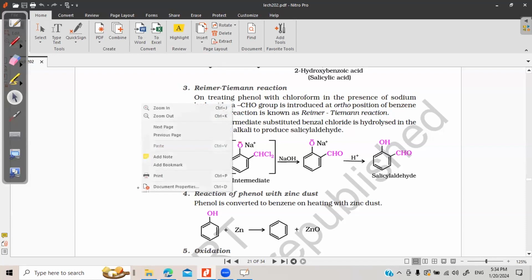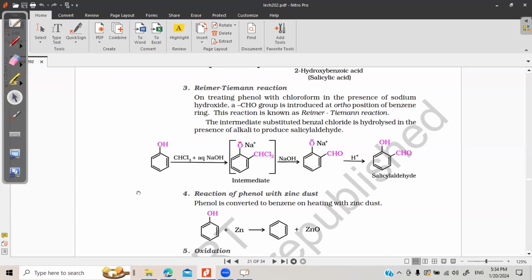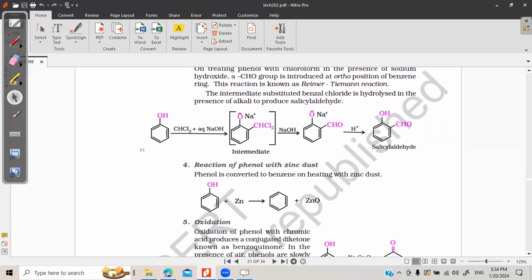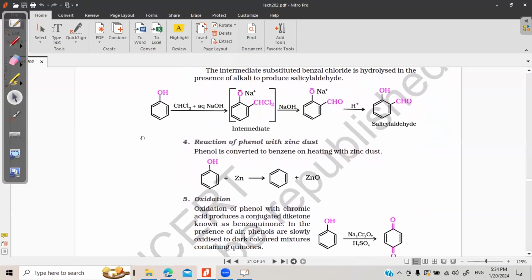But the mechanisms need some time to understand. And the mechanisms are not there in our syllabus. The mechanisms will not be asked also. So you just have to remember the name reaction with the actual chemical reaction. So we have to memorize this reaction.